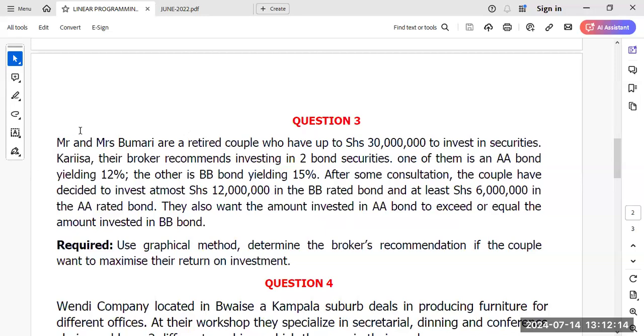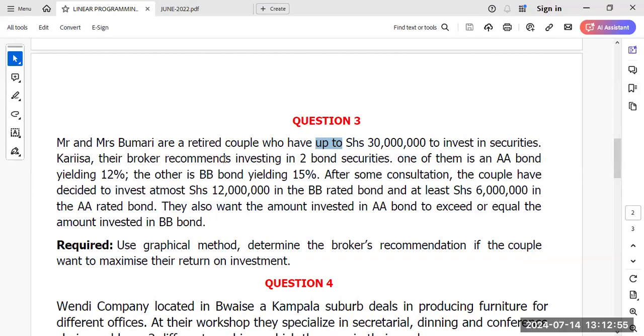They are telling us that Mr. and Mrs. Will marry a retired couple who have up to shillings 30 million to invest in securities.